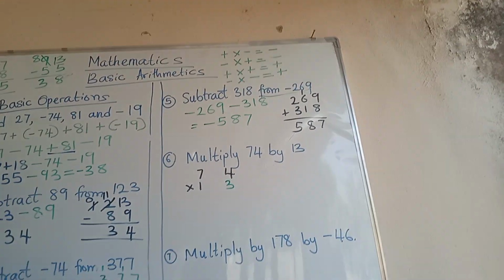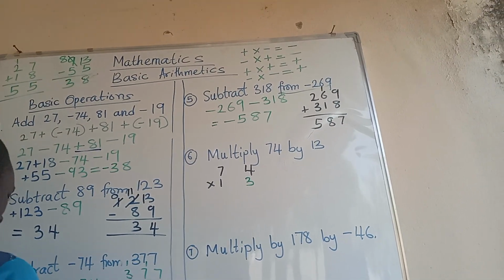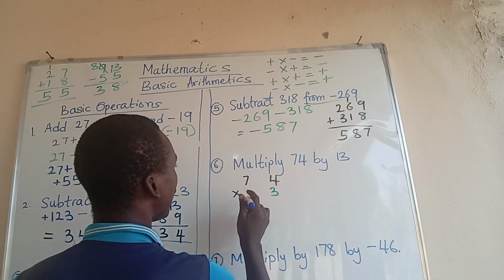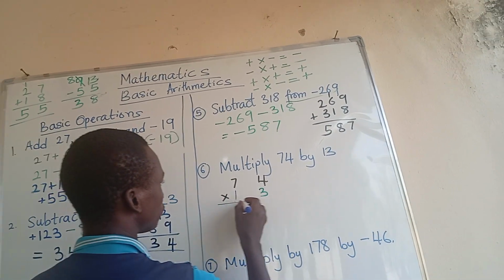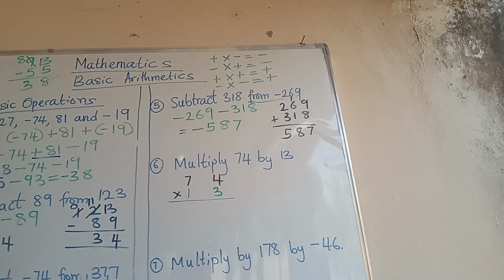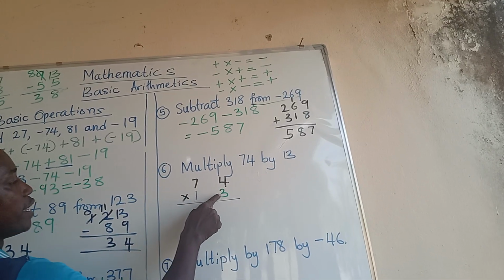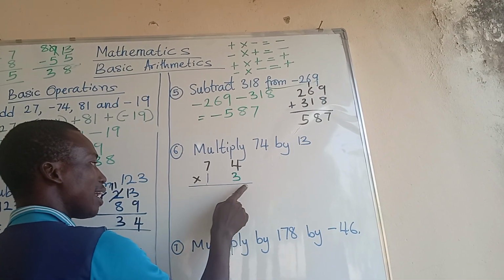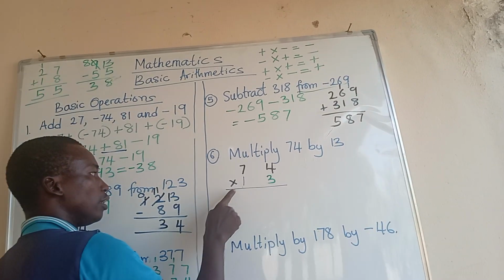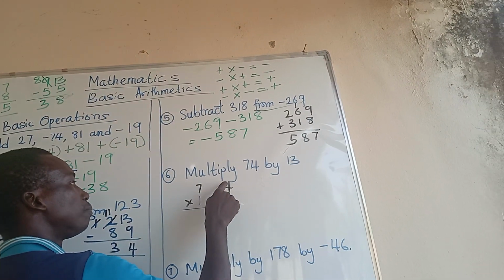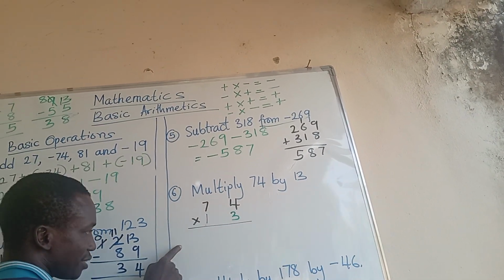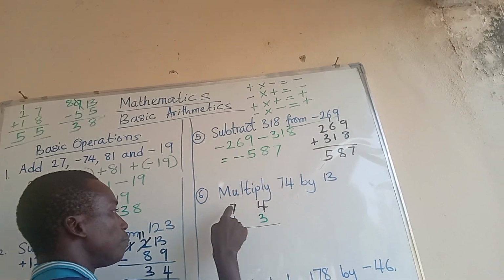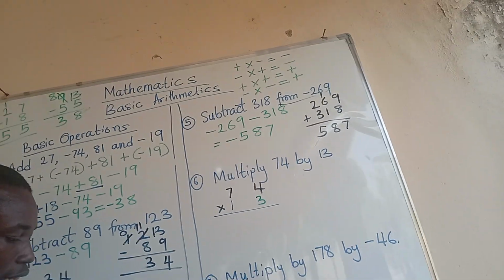We'll use it to multiply and make a line. So we'll use this first number to multiply this and put it in the first line. Then we'll use the second number to multiply this and put it in the second line. So let's use this to multiply this and put it in the first line.